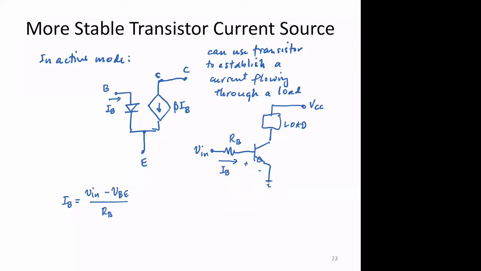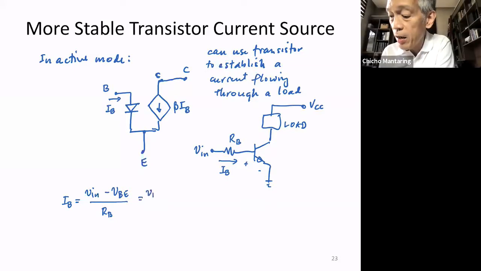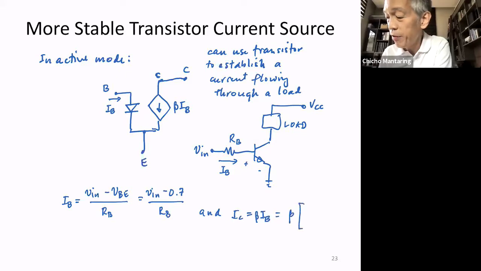Sir, 0.7. That's right. So IB will be VI minus 0.7 over RB. And IC will just be equal to beta IB. So this is beta multiplied by VI minus 0.7 over RB.